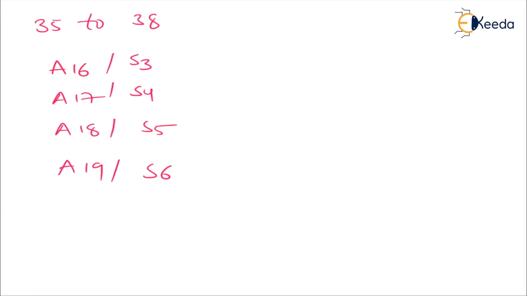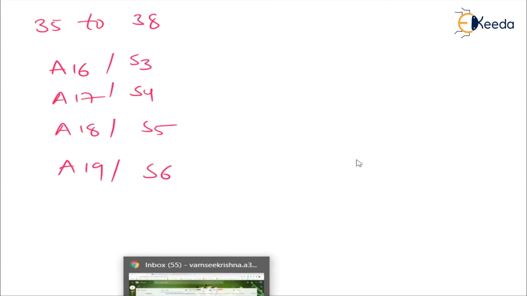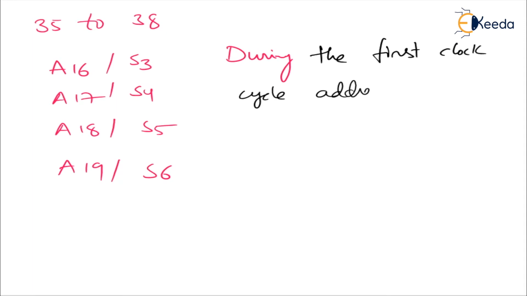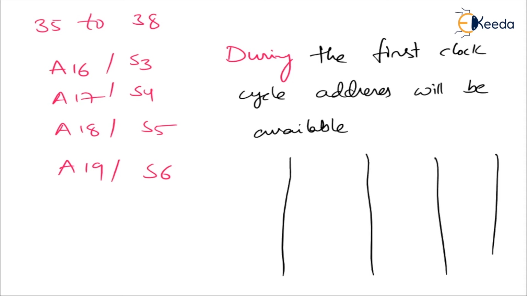During the first clock cycle, the address will be activated and available. Let us consider different clock cycles: T1, T2, T3.